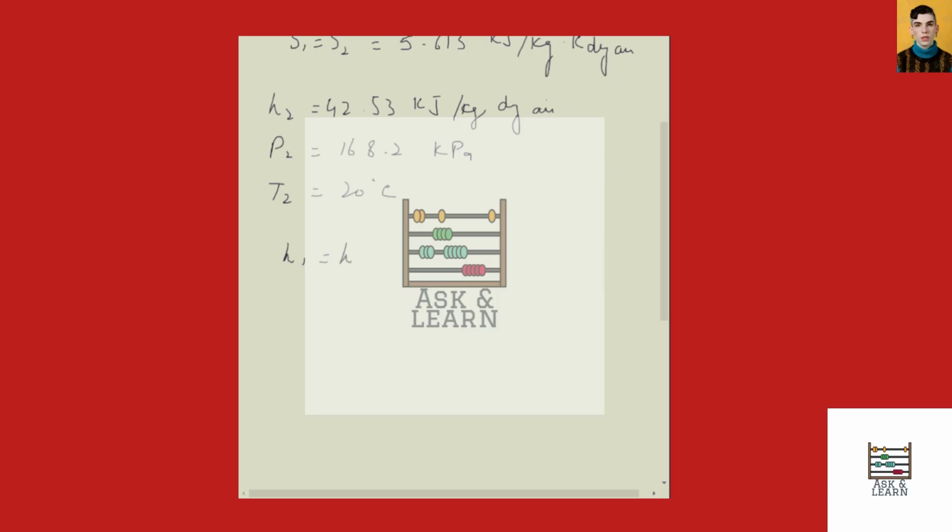h1 is equal to h2 plus (1 plus specific humidity at exit) times V squared divided by 2.